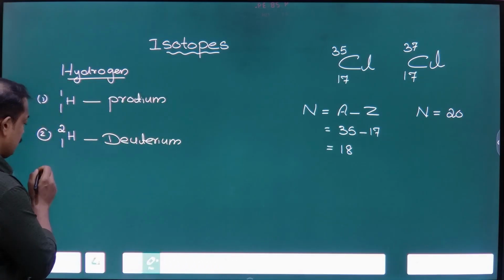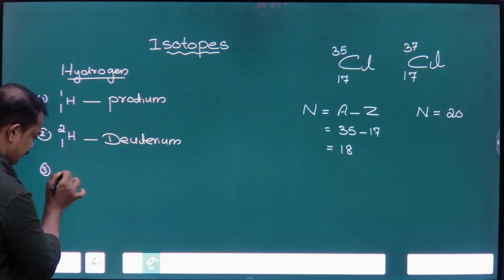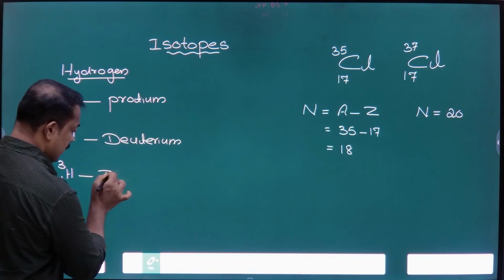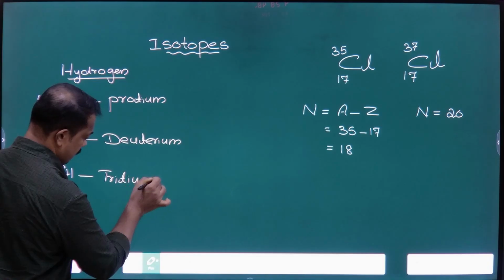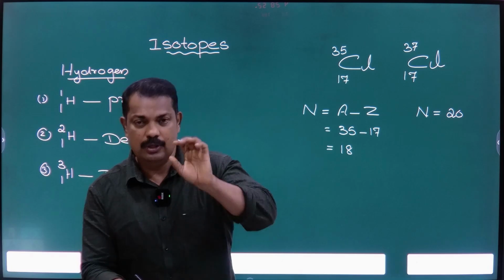And one more isotope of hydrogen, the third one, 1H3. Here the mass number is 3, and it is called tritium. So what are the 3 isotopes of hydrogen?